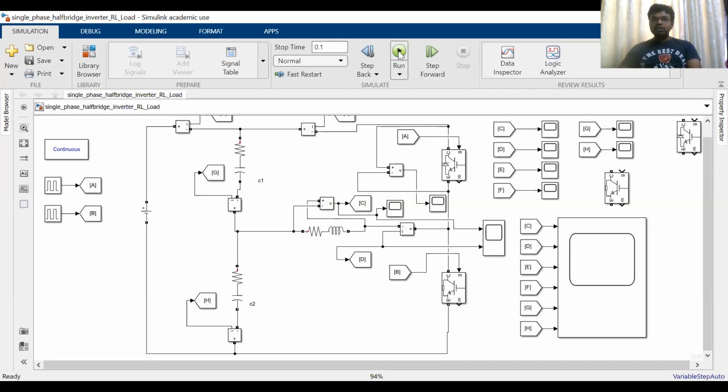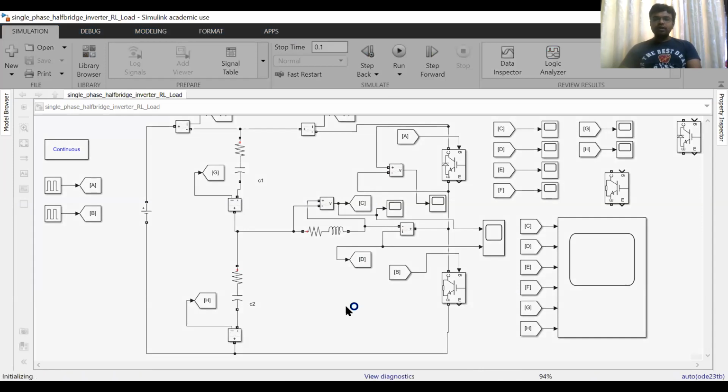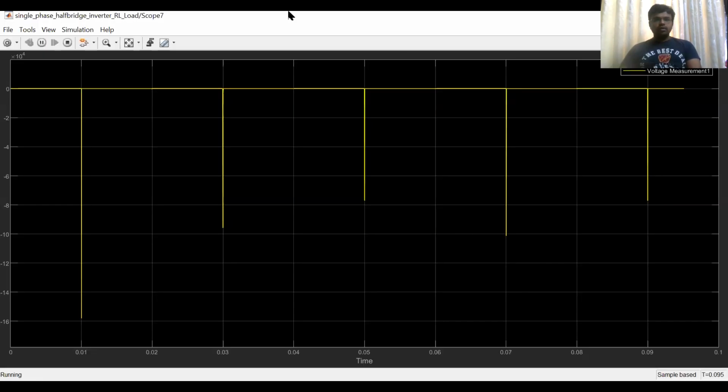Now I will show this clearly in the simulation. Once I run the simulation, I will get this. Now, if you observe carefully, these are the high voltage spikes. First of all, where is the output?